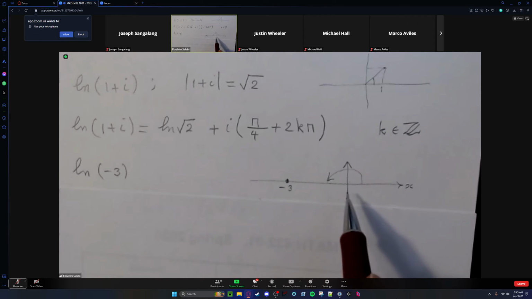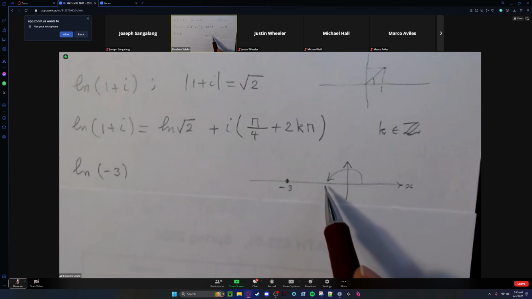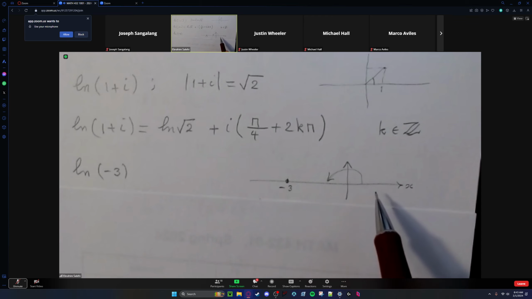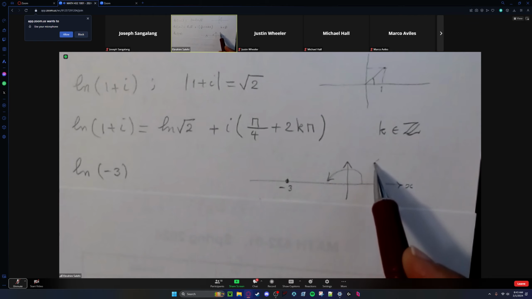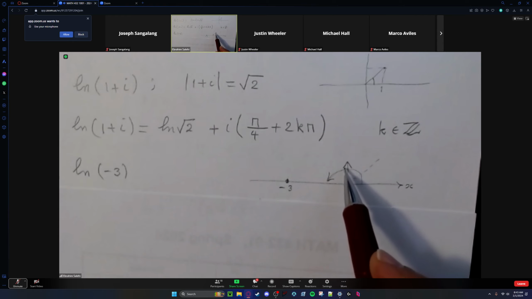And the argument here, remember, the argument is measured counterclockwise from the x-axis. So here is, for instance, π/4. Going a little bit over, here is π/2.